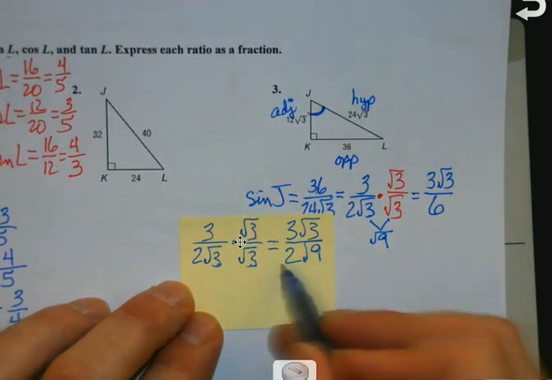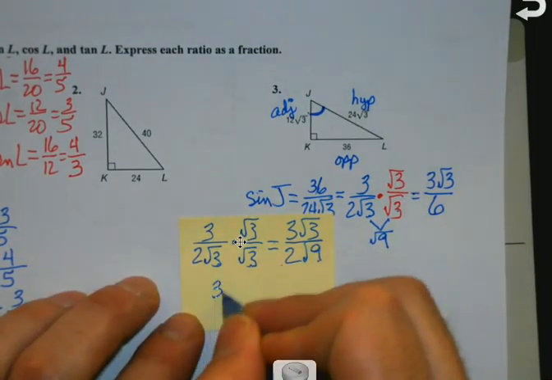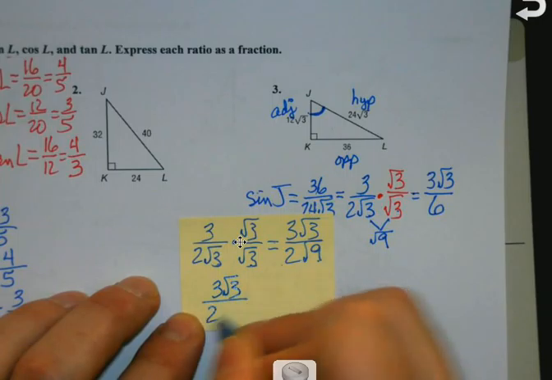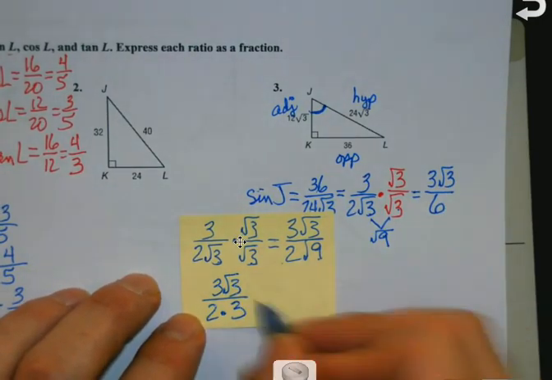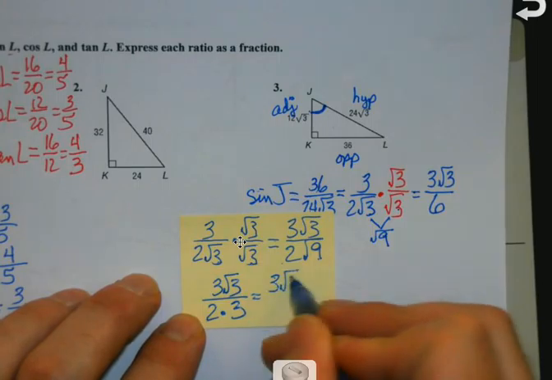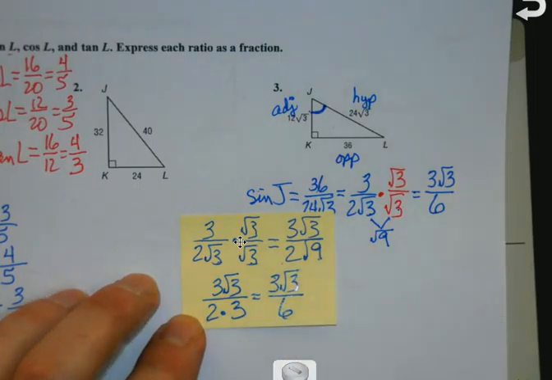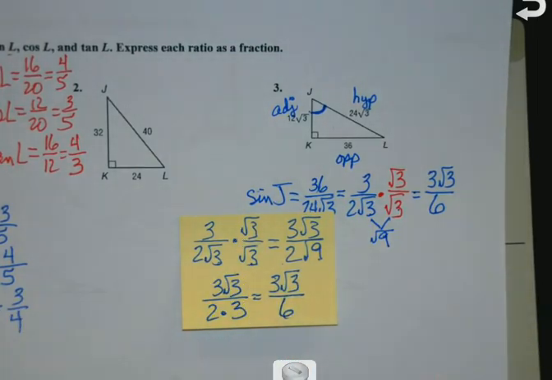So here, the square root of 9 is 3. No radical anymore. And so that's where this 3 square root of 3 over 6 comes from, is me just multiplying that out.